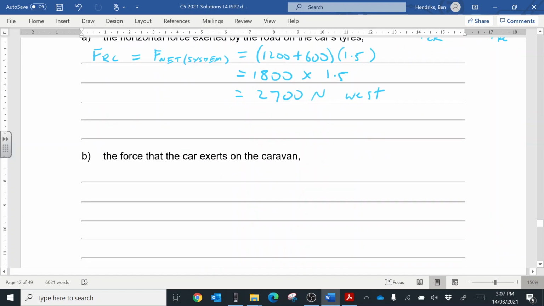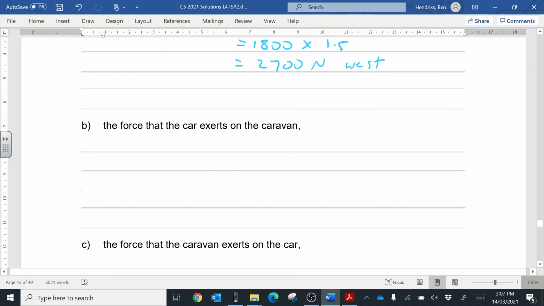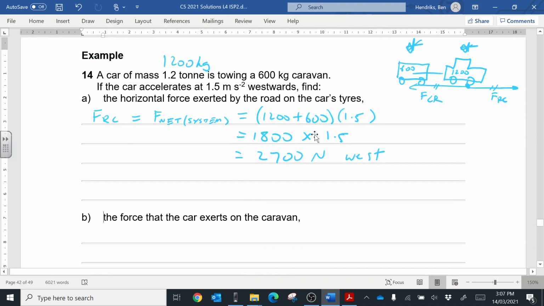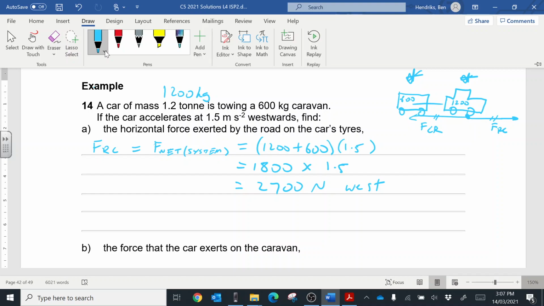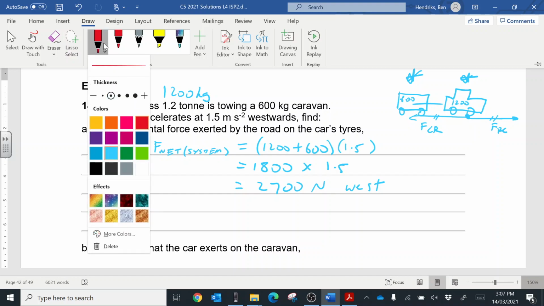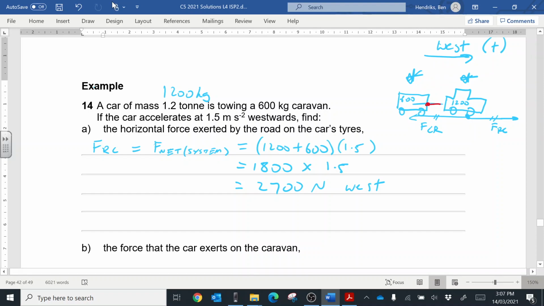Okay. The force that the car exerts on the caravan. So in order for the car to move the caravan, let's go with red. We have equal and opposite forces.